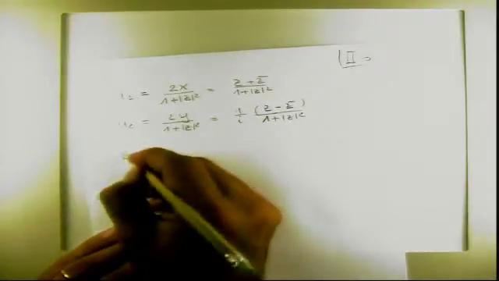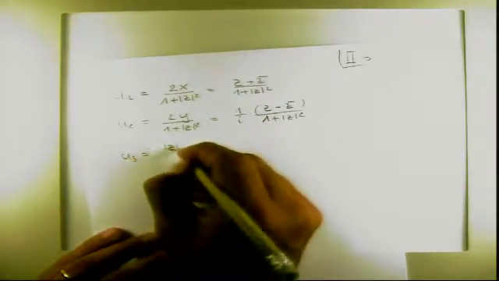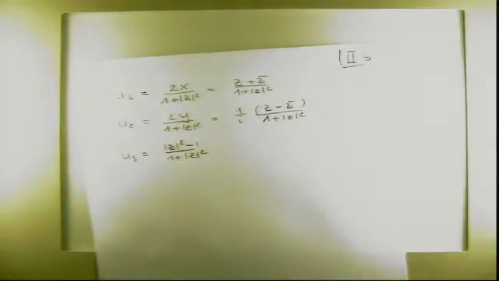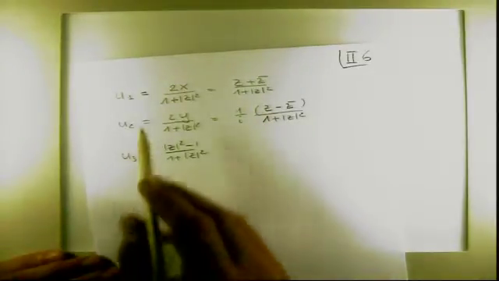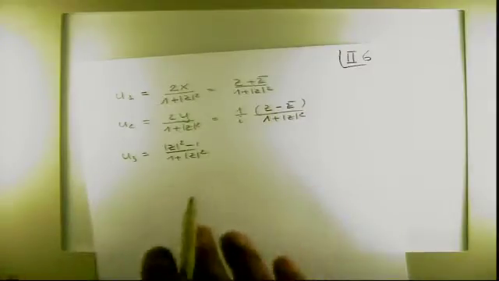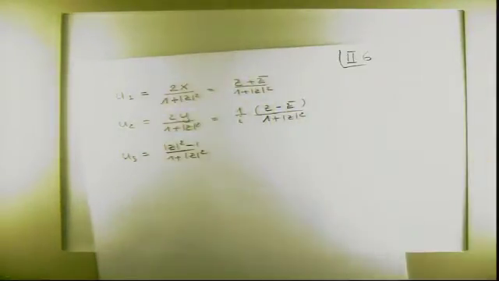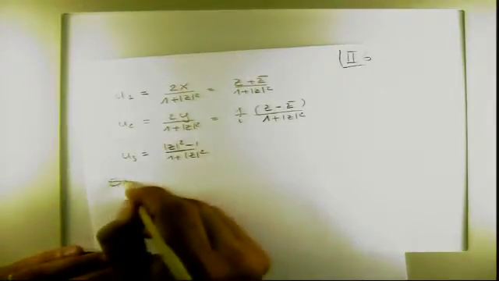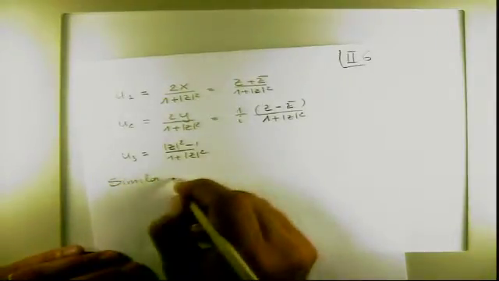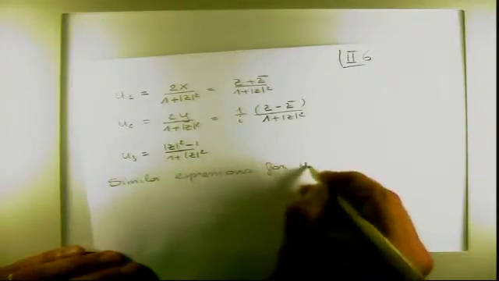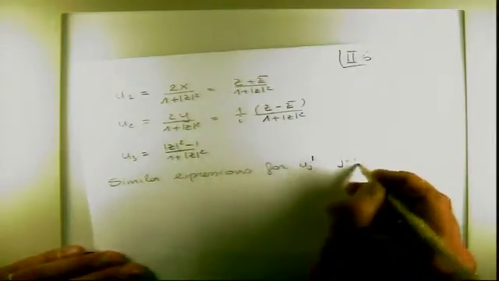And then u3 is this. Of course, similar expressions also hold for u1 prime, u2 prime, and u3 prime. So you have to put a prime on the right-hand side and on the left-hand side, and similar expressions for the uj primes, j from 1 to 3.